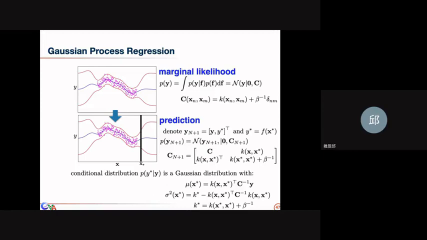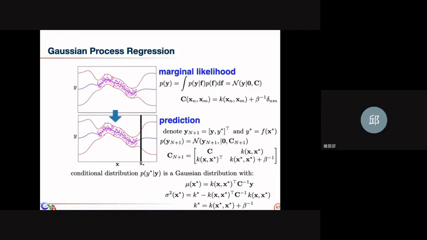Because you have this marginal likelihood p of y n plus 1, combining the original training data and the test data, you can simply compute the conditional distribution, and it can be written in this way.